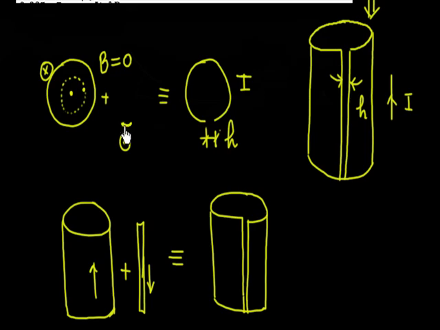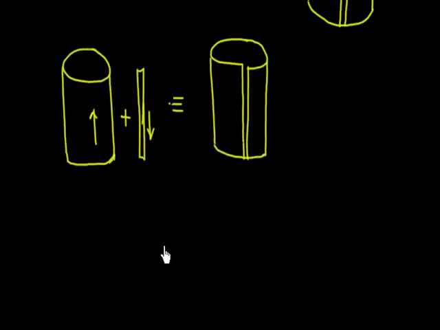Now for this wire, at any distance r, I know the field is mu naught I by 2 pi r, but the current in this case is I dash. Are you getting or not? What is my target?